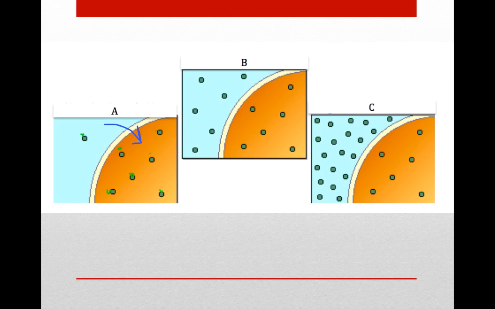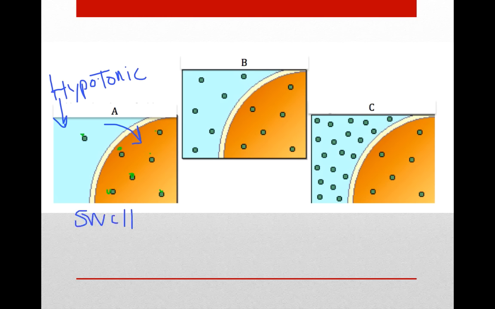So we would call the solution on the outside of the cell a hypotonic solution. And therefore the water will go into the cell, which causes the cell to swell up.